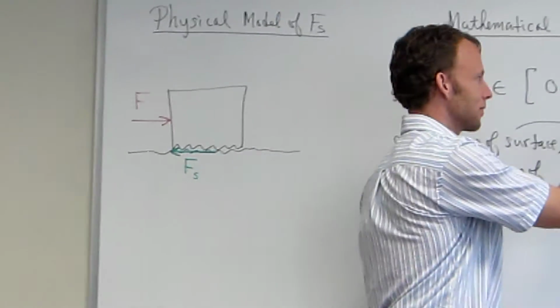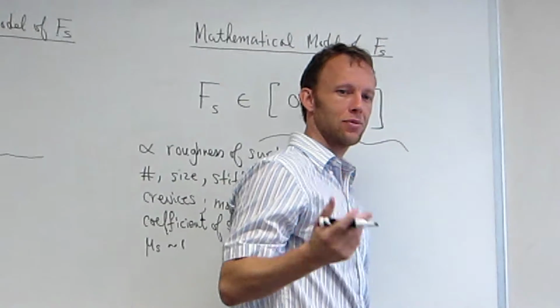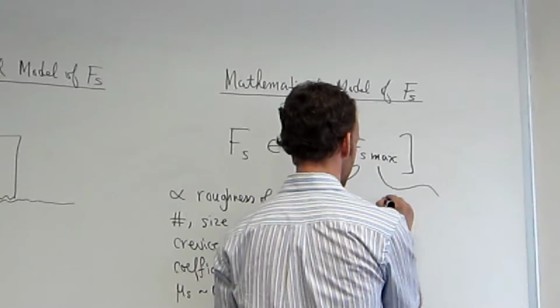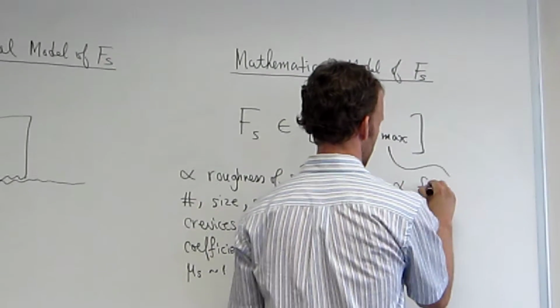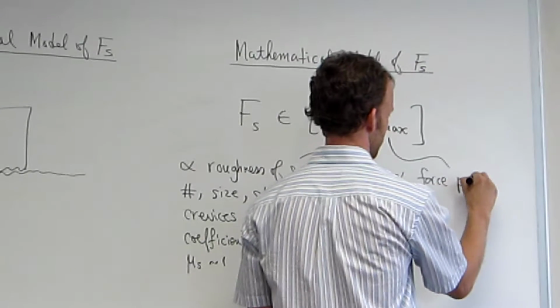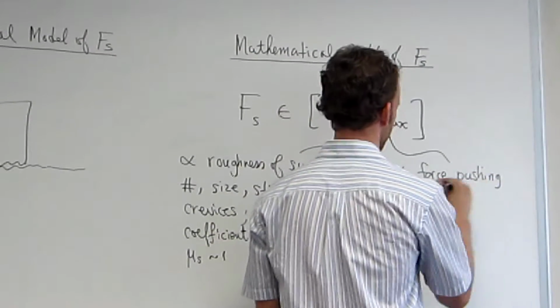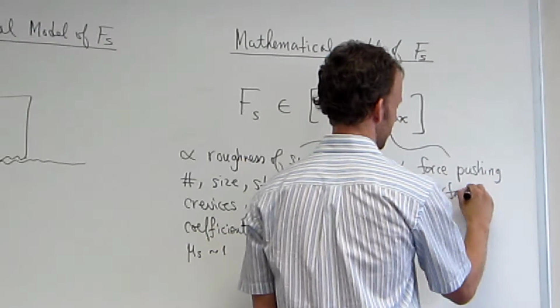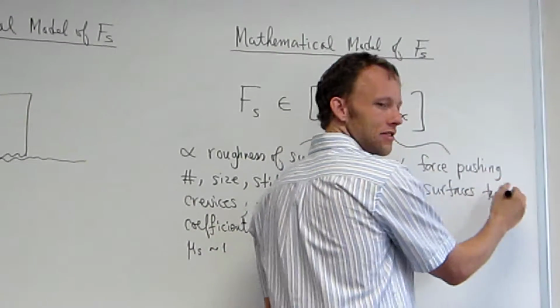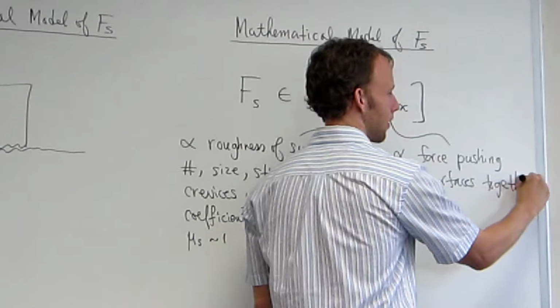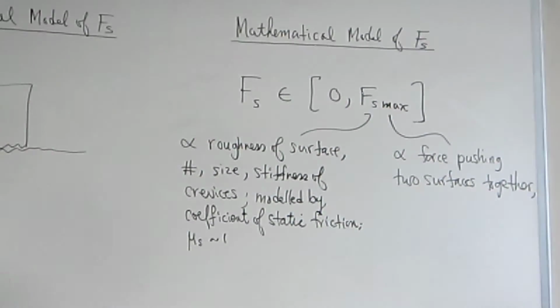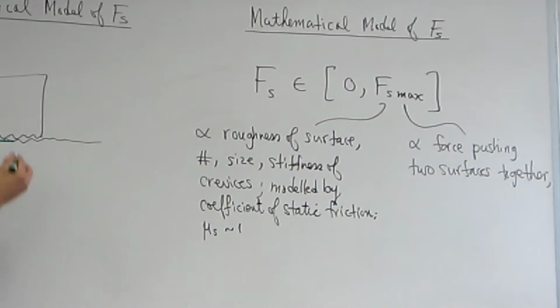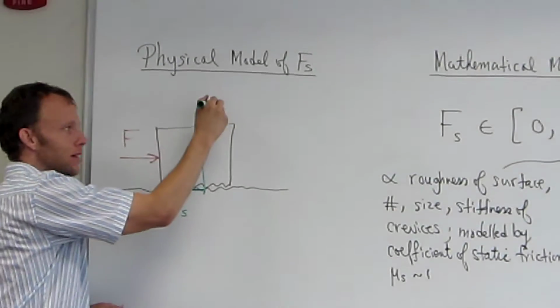Alright, so the maximum static friction force should depend also on the force pushing the two surfaces together. We've actually already encountered this force. The force pushing the two surfaces together is none other than the normal force that we talked about previously.